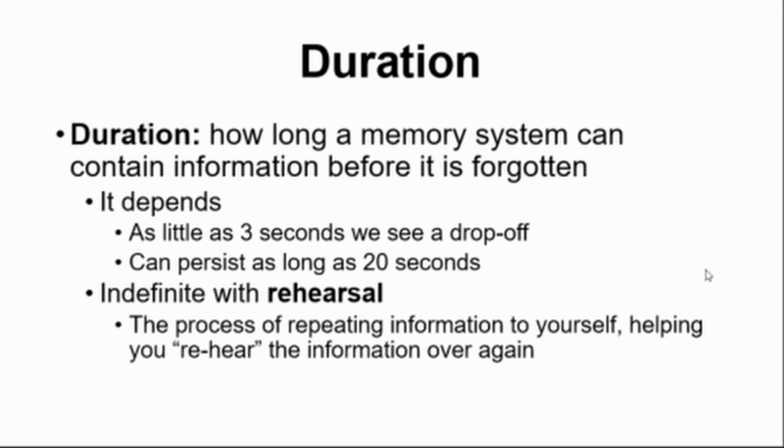It can be as little as 3 seconds before we see a drop-off in performance. After as few as 3 seconds, we can start losing items from a list that we were just given. And we can hold on to things for almost up to 20 seconds. 20 seconds is sort of that upper limit that we can hold on to something before we lose it.